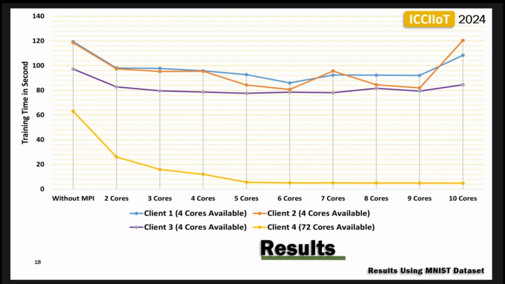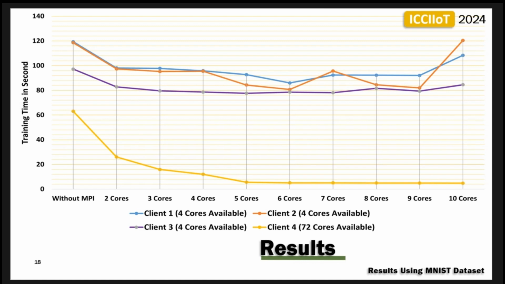On the other hand, clients 1, 2, and 3, with only 4 cores available, demonstrate a smaller reduction in training time; their times decreased modestly when cores were added up to 4. However, when additional cores are used beyond their available cores, the training times slightly increase instead of decrease.